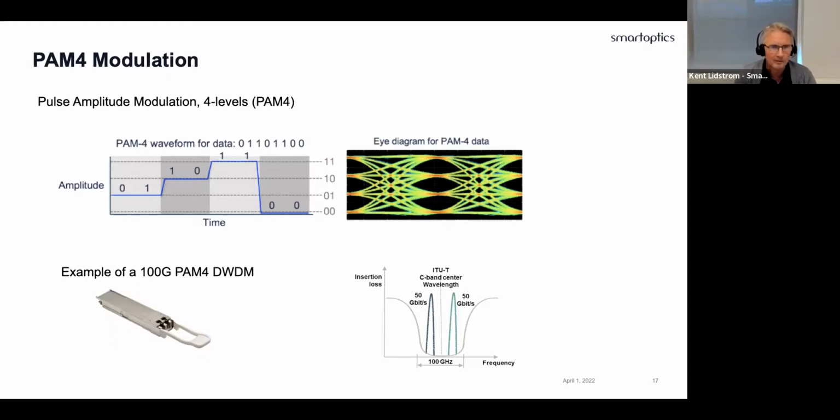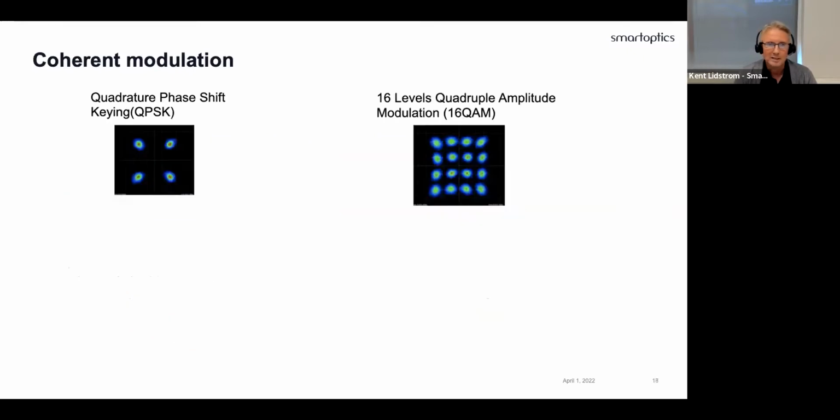You probably have a couple of hundred of those in your network, doing a lot of 100 gig transmission using the PAM4 DWDM technology. And then if we take it one step further, we have coherent modulation, where we in the optical industry start to get a little bit closer to, say, radio technology, where you're probably up in several thousand QAM today.